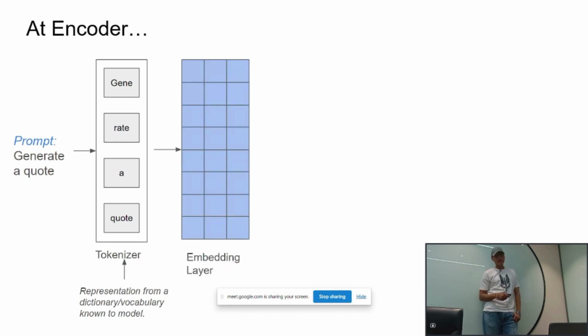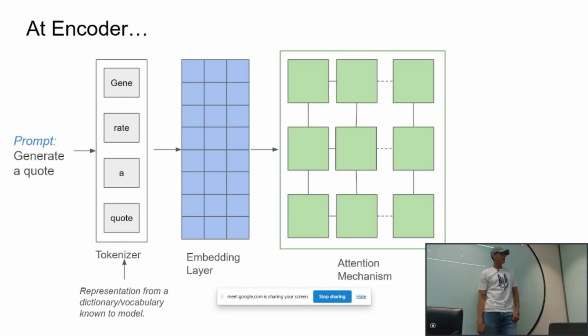Then we have an embedding layer. As we all know, computers and models don't really understand text. What they understand is numbers. So an embedding layer's job is to take each of these tokens and convert them into their corresponding numerical representations. Then comes the meat and potatoes of the transformer architecture, which is the attention mechanism.